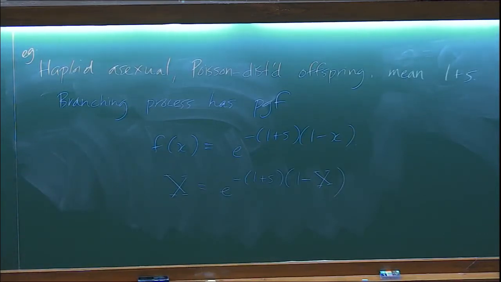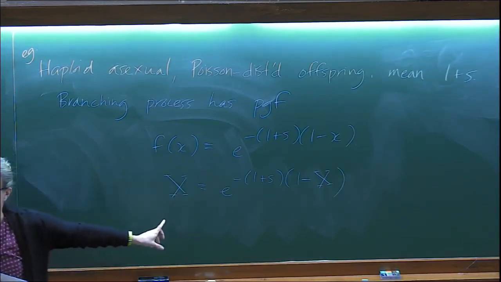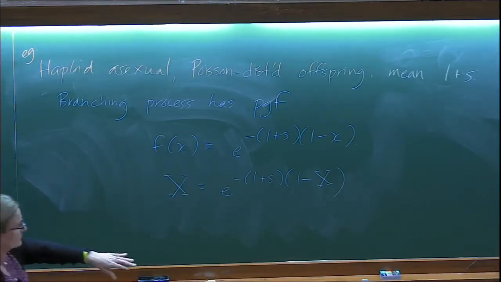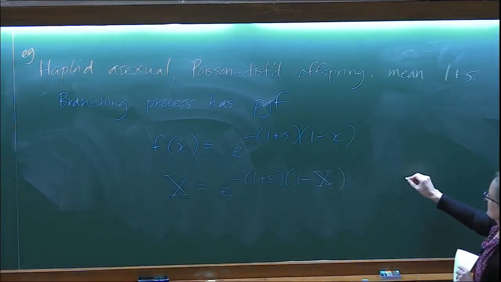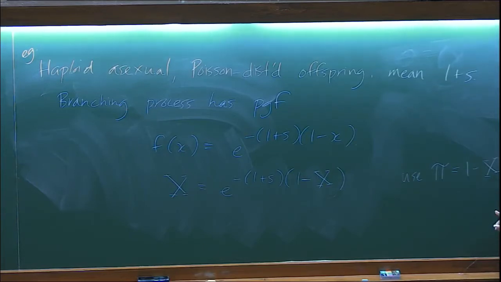And although Haldane's result is super famous, there are so many different ways that you could Taylor series this guy or try to figure out the result from here that it's not obvious when you try it the first time. So the first thing to do now is probably to write it in terms of the fixation probability instead of extinction.